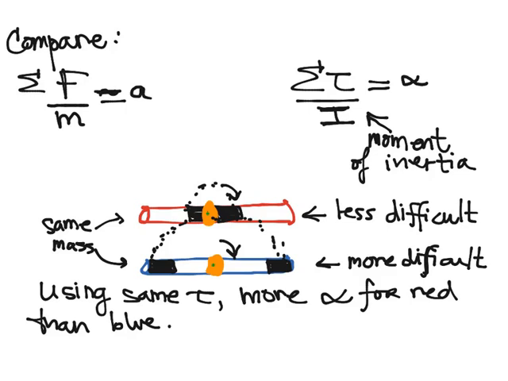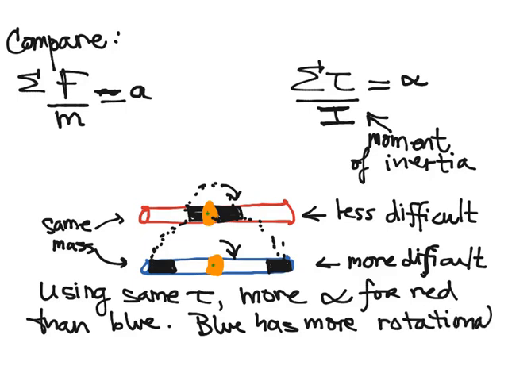One way to think about it is that the blue has more rotational inertia, and the red has less.